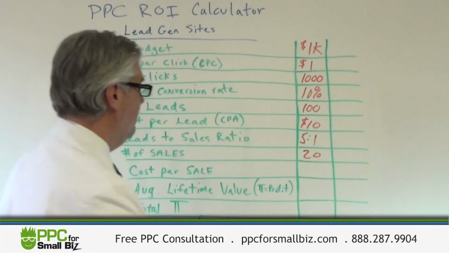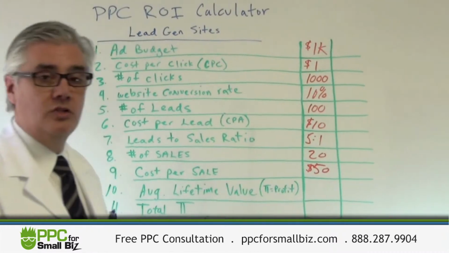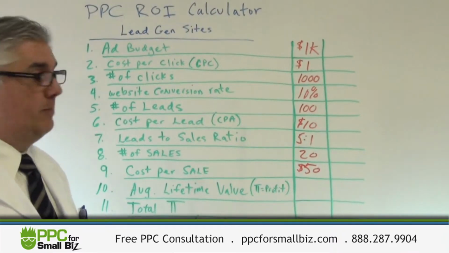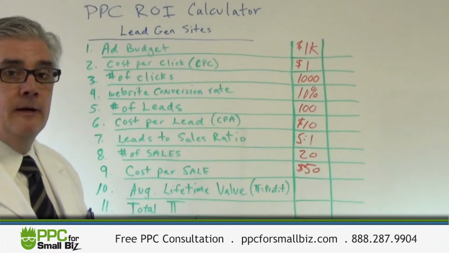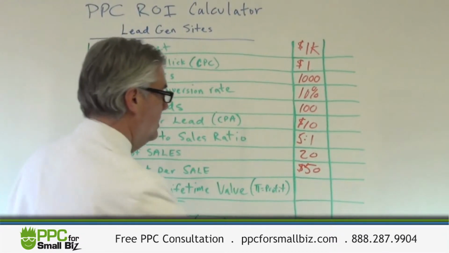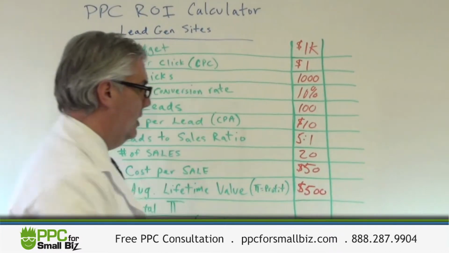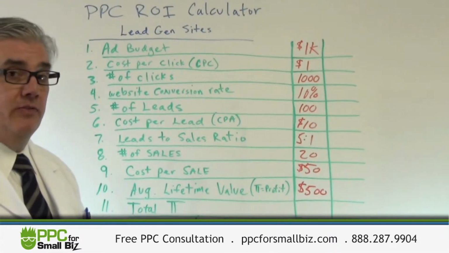Now what this also means is his cost per sale. Well, the cost to acquire a new customer, in this example, is $50. Now the other thing Tom's going to need to figure out is the average lifetime value of a new customer. So for discussion purposes, we're going to use $500. We're going to use profit as our measurement for average lifetime value.